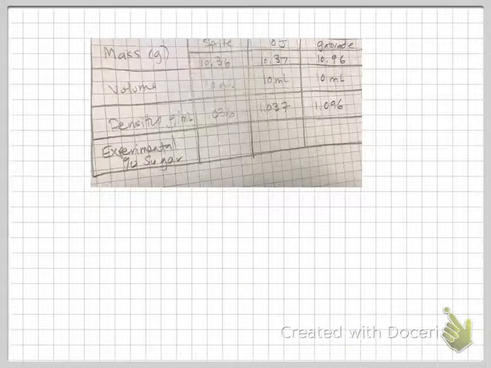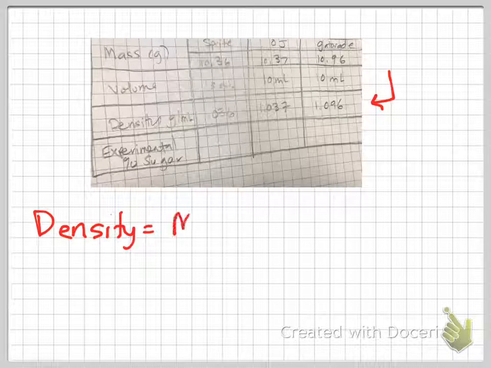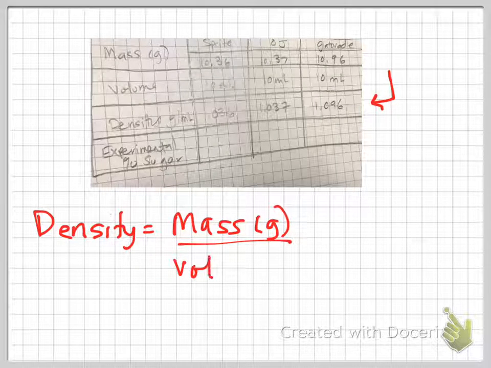Once you've found the mass of each of your beverages, you can see in this example here, the mass of Sprite was recorded to be 10.36 grams, the mass of orange juice was 10.37 grams, and the mass of Gatorade was 10.396 grams. You can determine the density. The formula for density is mass, which is grams, over volume, which is milliliters.